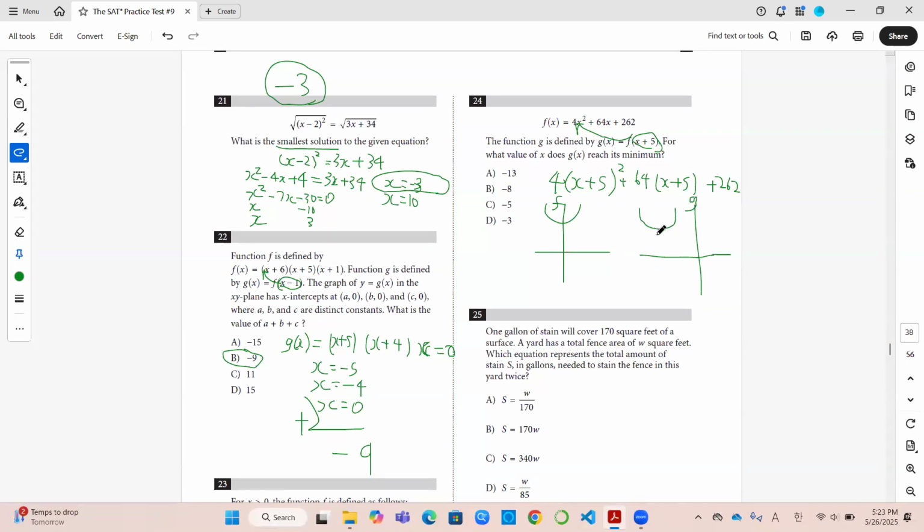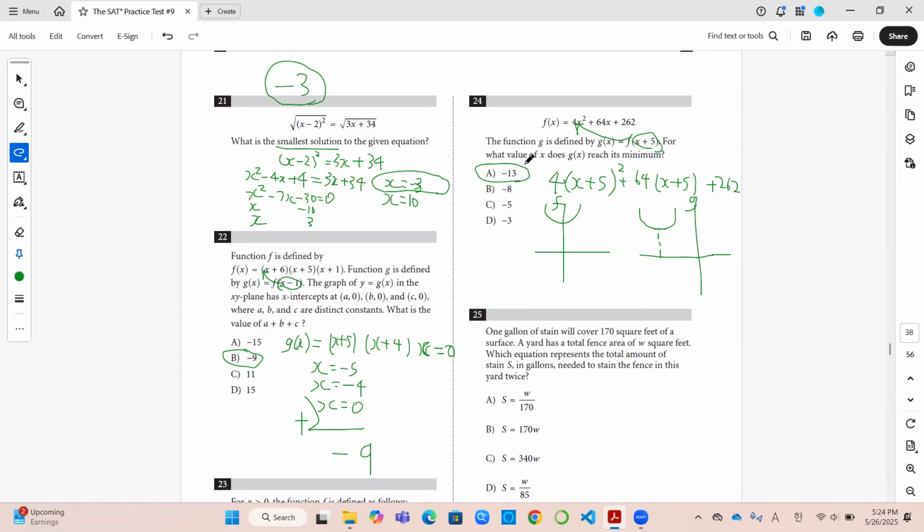Using your calculator, you could probably define here. I'm using a TI-84 calculator. That's how I could determine the minimum. So what I got is x equals minus 13. That's where I get my minimum.